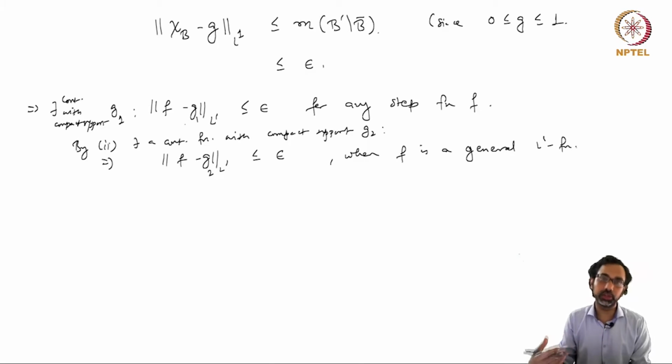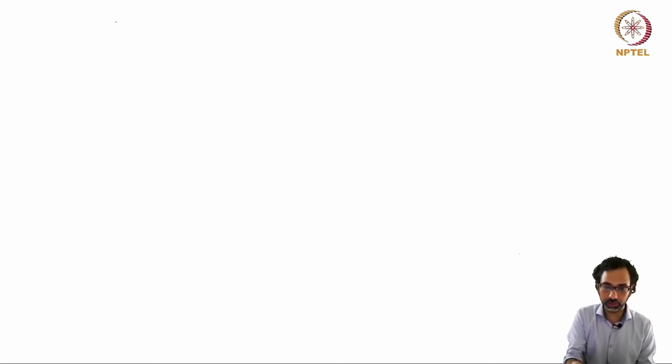So we have reduced it to various cases, and we have shown all the three parts of the preparatory lemma, and now we come to the proof of Lusin's theorem.